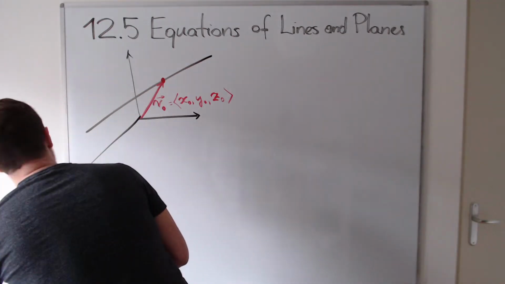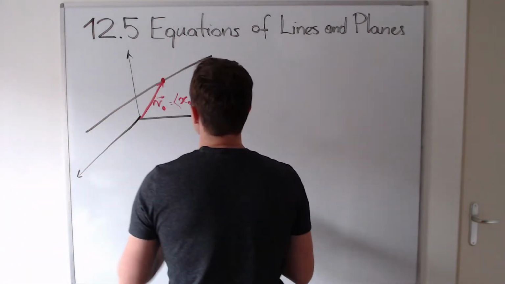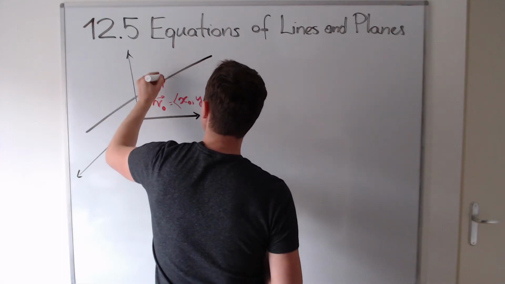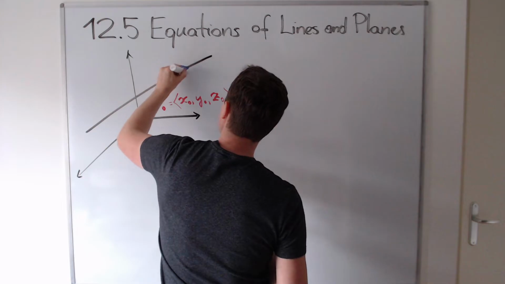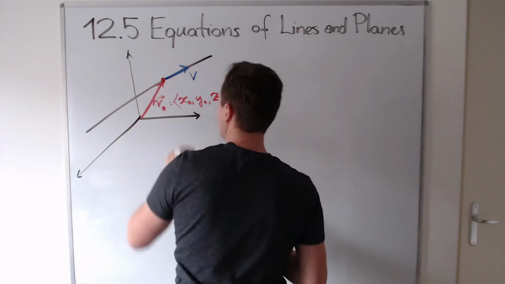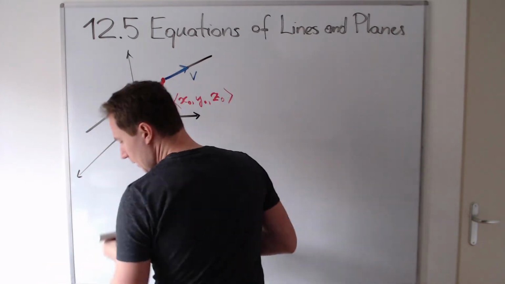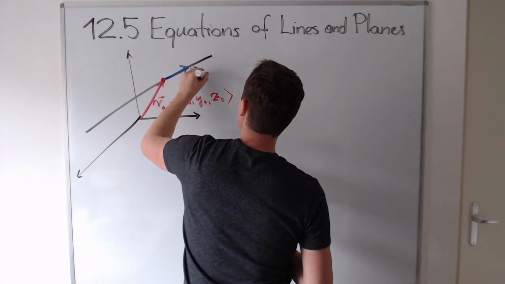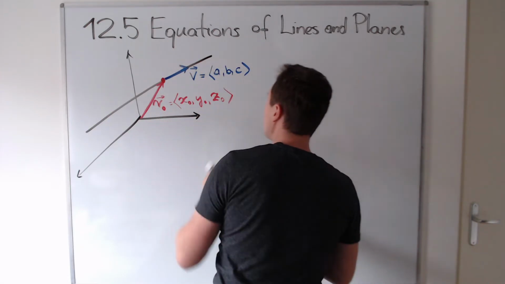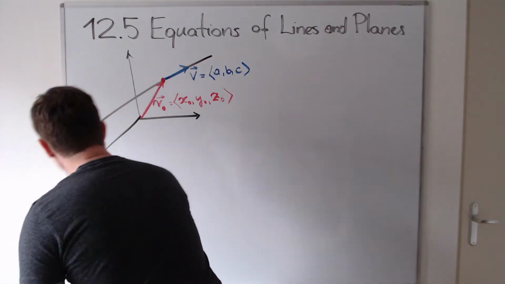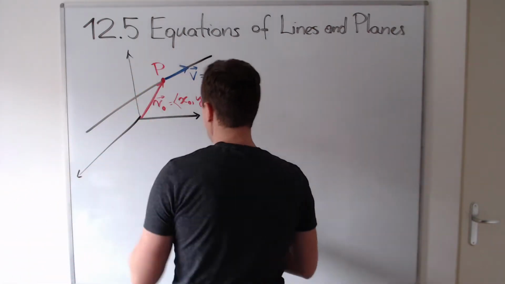And let's say that the direction of the line is given by a vector v, little v, with components a, b and c. So R0 gives you a point on the line.